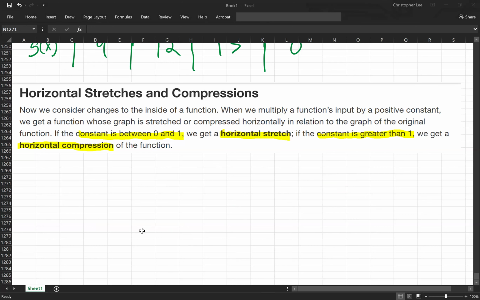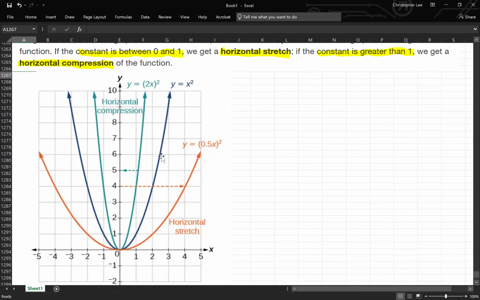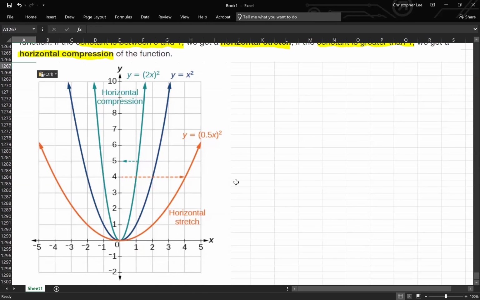I just want to jump to a graph real quick. All right. So there we got this graph right here. Y equals x squared is a dark blue line. That's the original that I'm talking about. Now, notice if I multiply it by a fraction, so 0.5 is like 1 over 2, the inside, I'm multiplying it by a fraction.